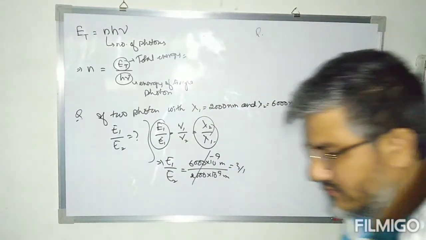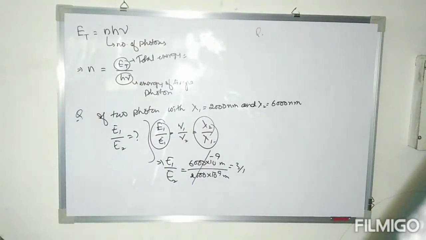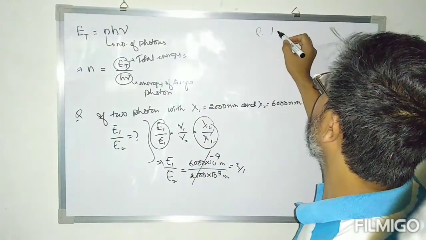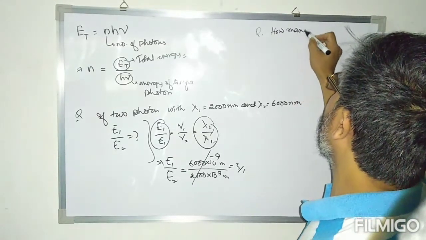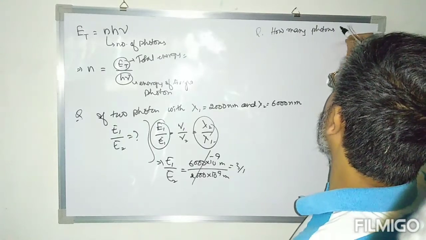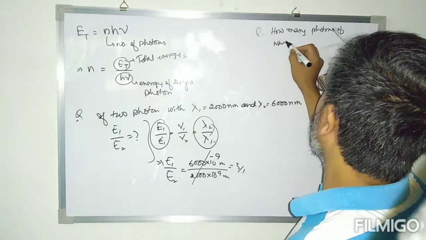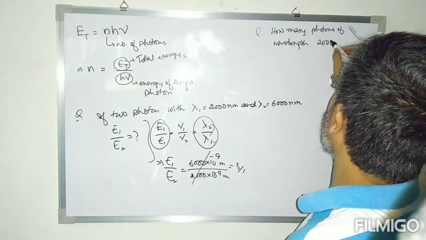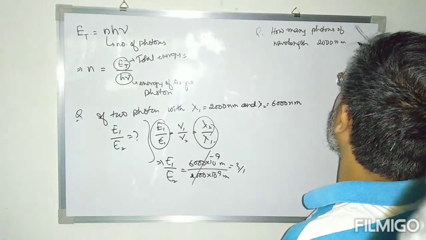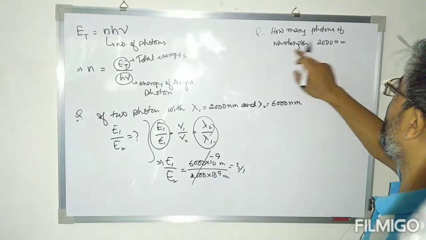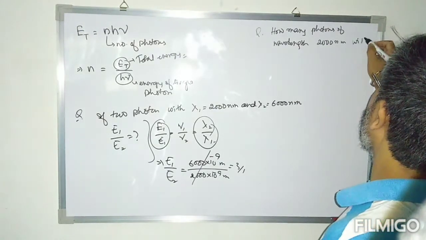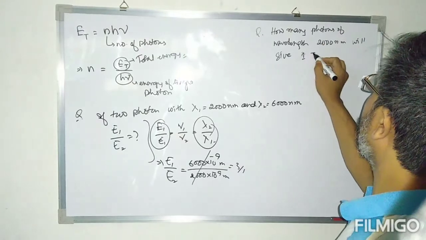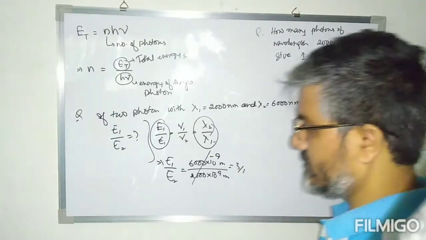Second question. How many photons of wavelength 2000 nanometer will give 1 joule energy?